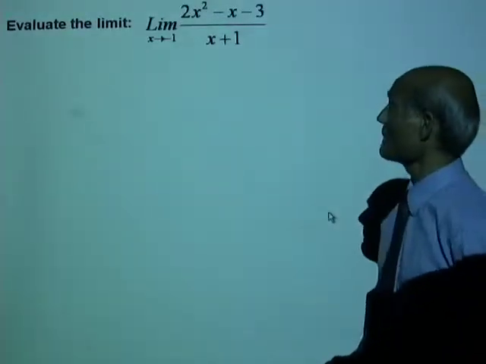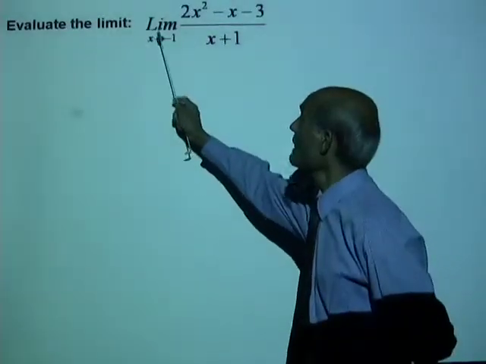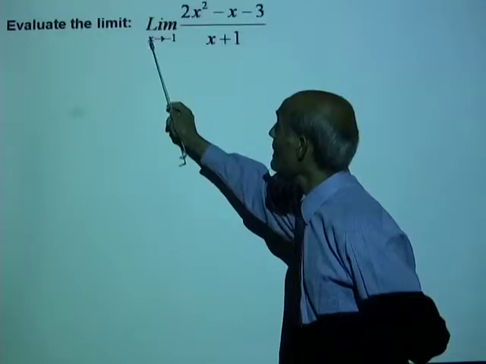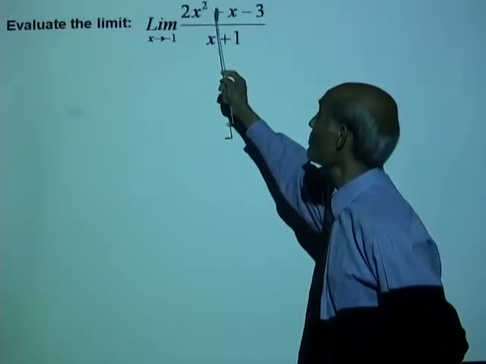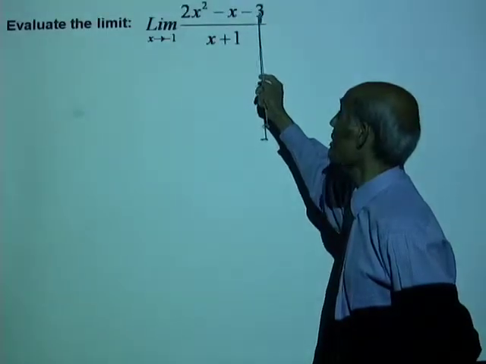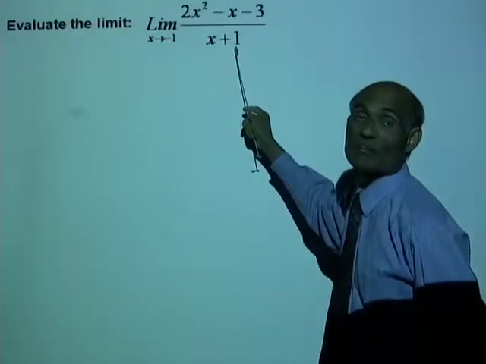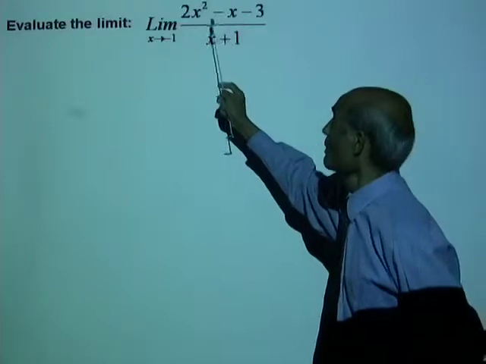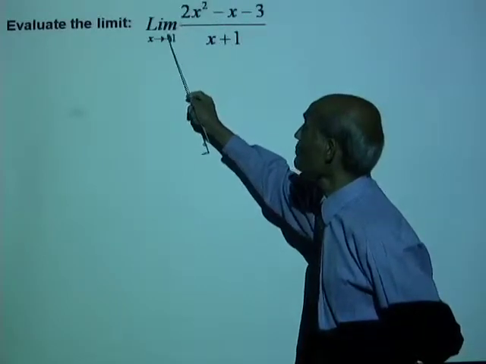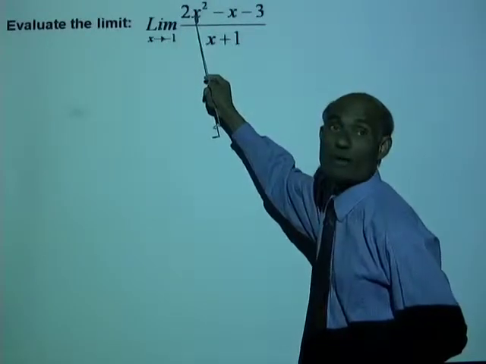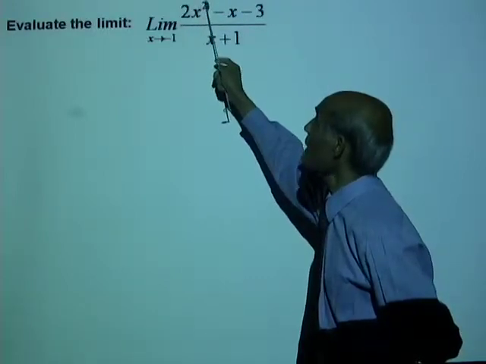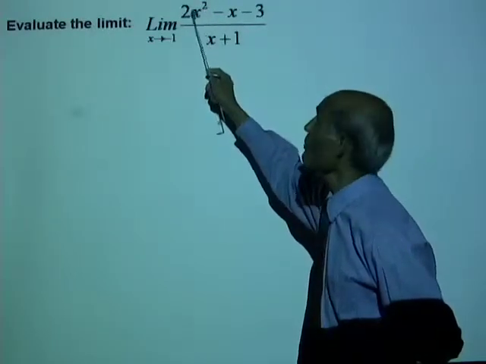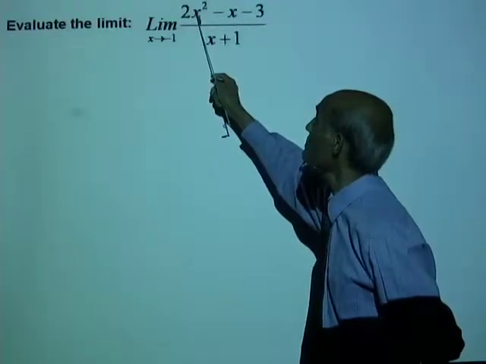All right, let's do another one. Evaluate the limit as x approaches negative 1 of 2x squared minus x minus 3 divided by x plus 1. Try doing this. Replace your x by negative 1. The numerator becomes negative 1 squared, which is positive 1. 2 times 1 is 2.